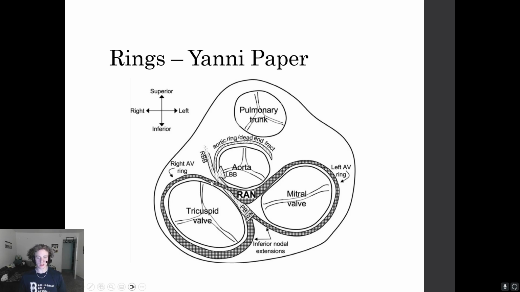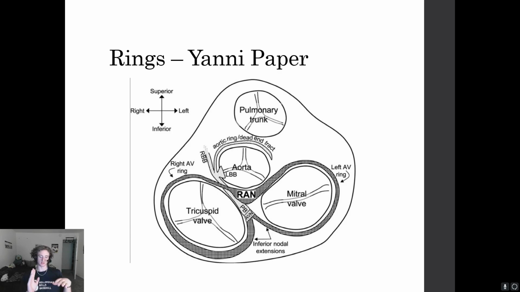Well, we talked about the compact node. How does the compact node form? Well, the compact node forms at the inferior end of the transition of the primary ring from the ventricle to the atrial myocardial masses, right?